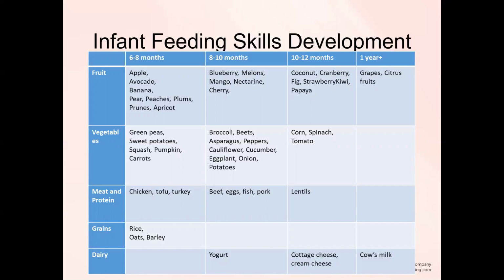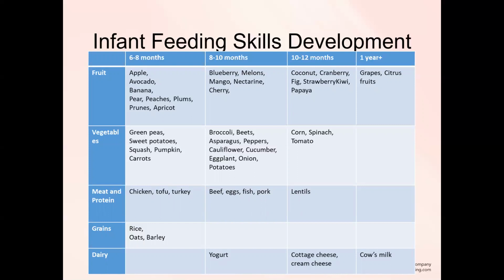It's not until we get to these 10 to 12 months, 1 year, that we should see that swap happen where their solid food should be taking in more calories. And what you'll actually see then is the amount of feedings for milk will decrease. They may take in a lot at one time, but they won't do it as frequently during the day because they're looking to those meals.